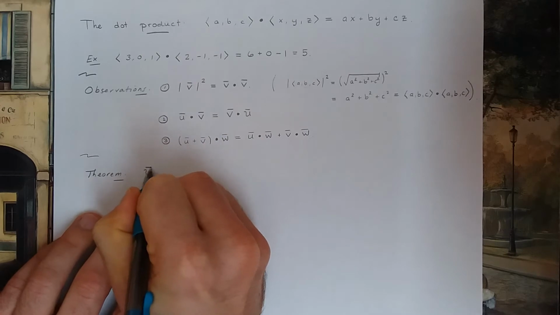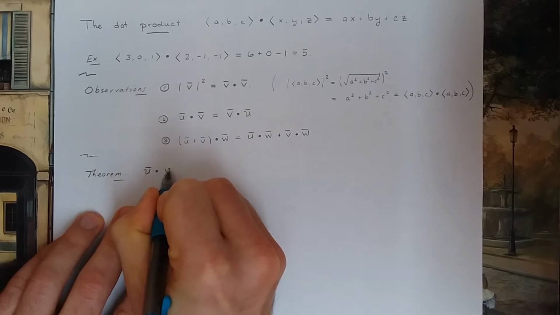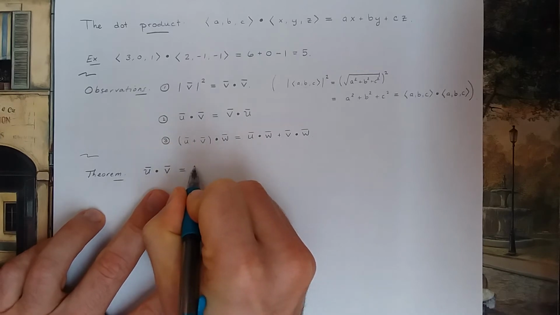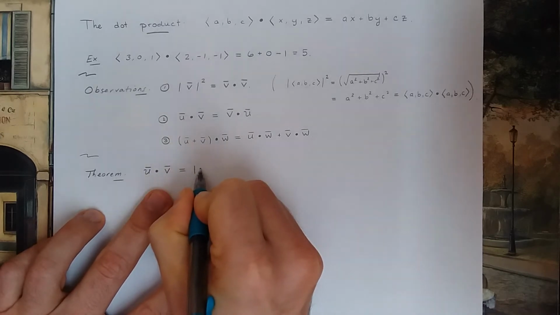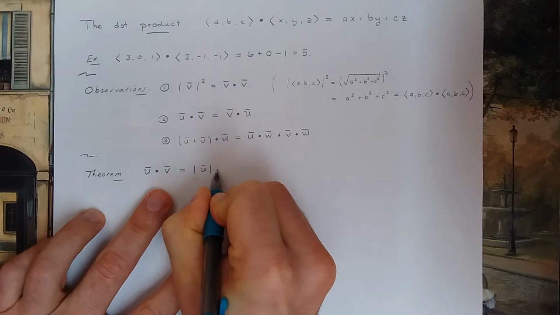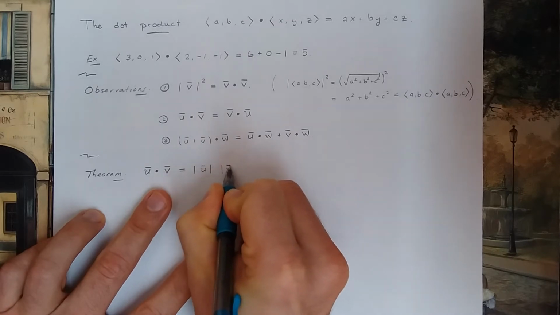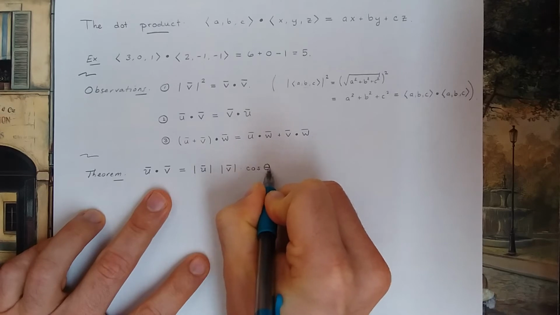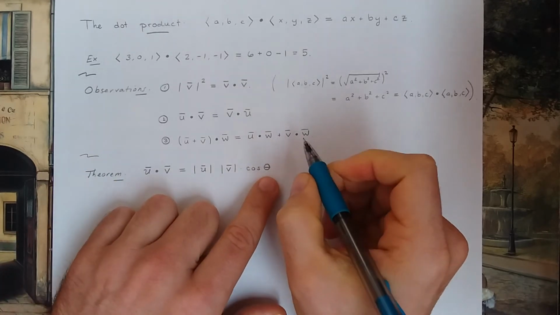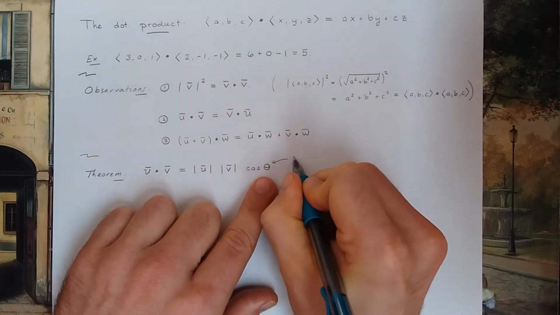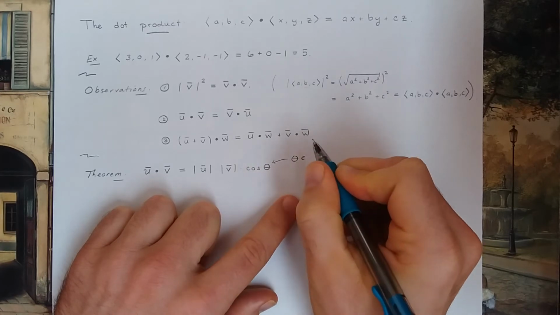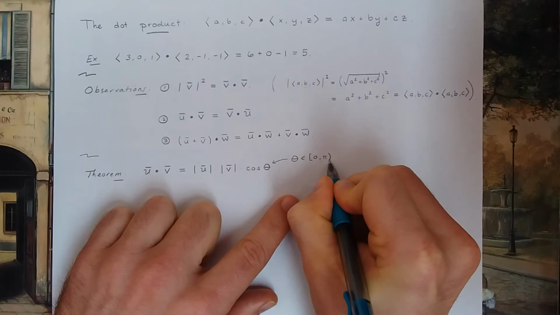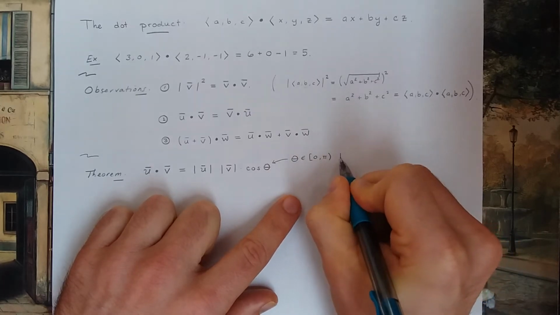If I have two vectors, u and v, and I take their dot product, then it turns out to equal the length of u times the length of v times cosine theta, where theta is an angle that's in between 0 and pi between the two vectors.